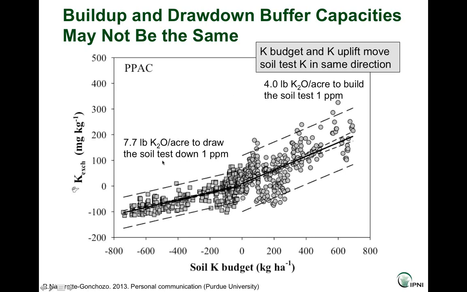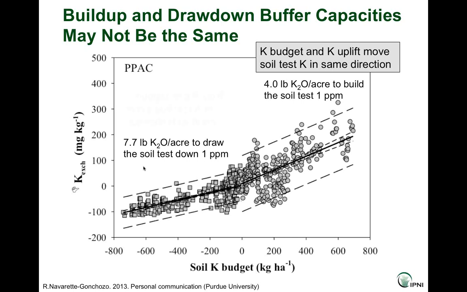However, if we look at withdrawing K, as we remove more and more K from the soil, the actual amount of K in the soil is going to be decreasing. But the plant is recycling the K from the lower part of the profile to the surface, and that can enrich the surface where we're sampling.